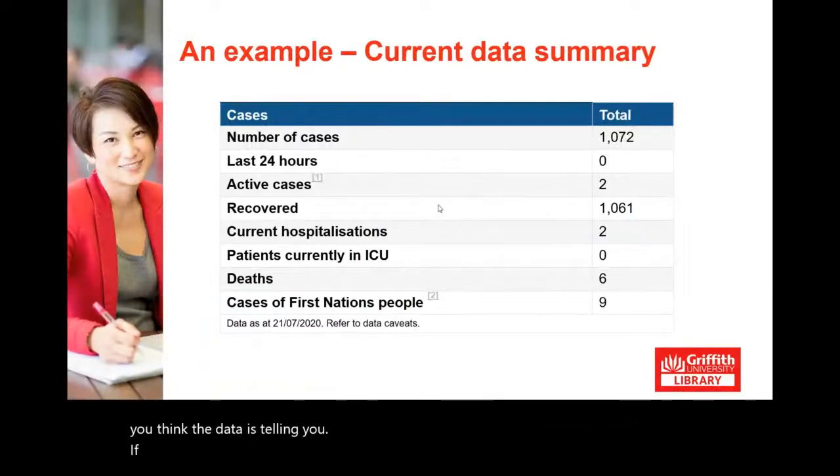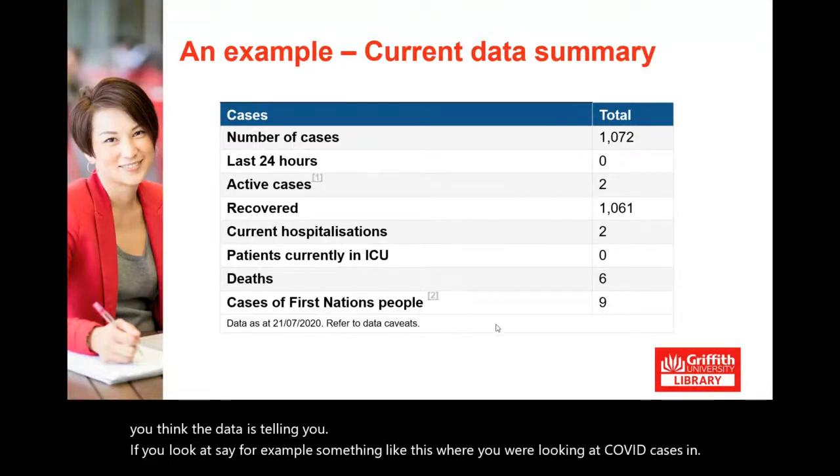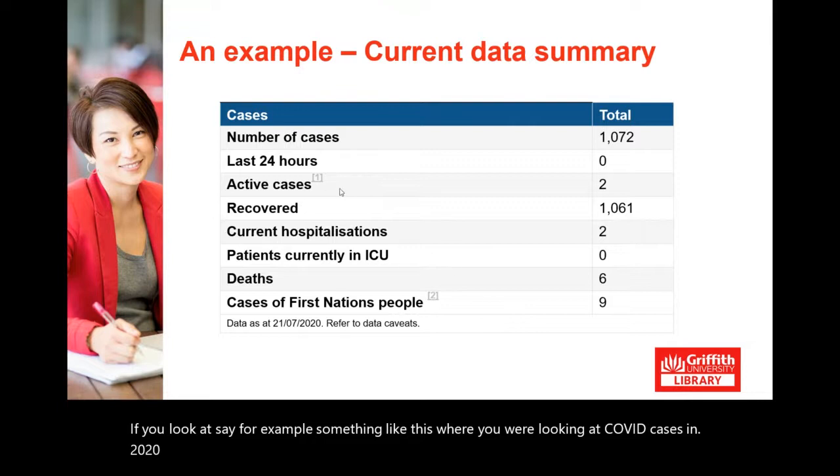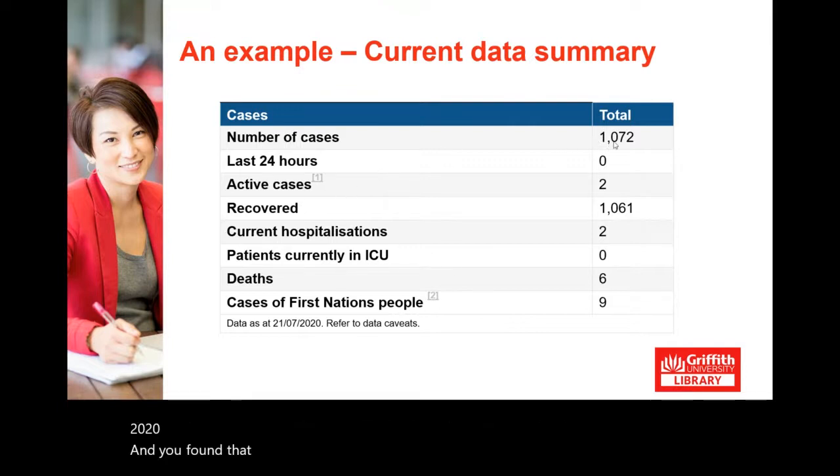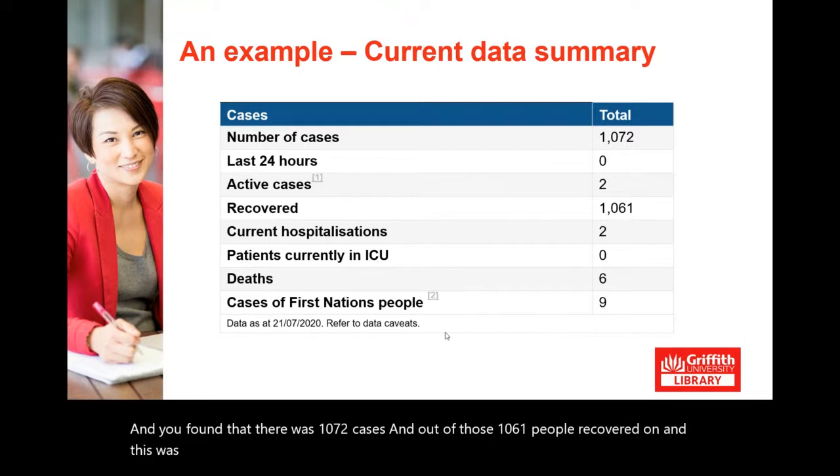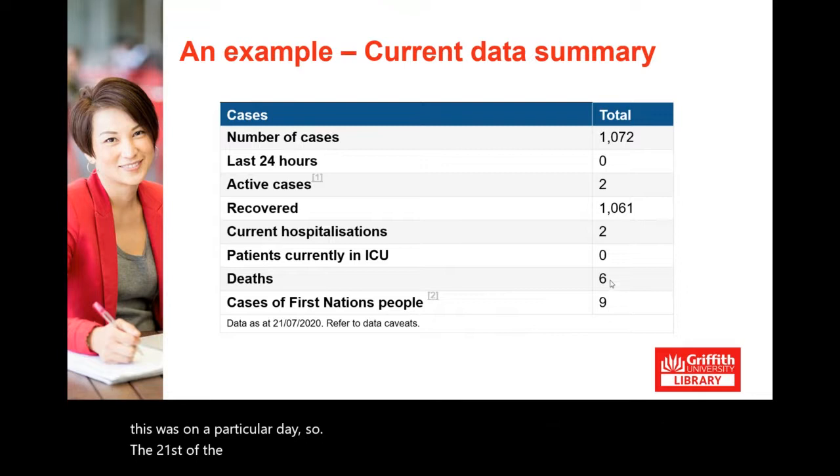If you look at, say, for example, something like this, where you were looking at COVID cases in 2020, and you found that there were 1,072 cases, and out of those, 1,061 people recovered, and this was on a particular day, so the 21st of the 7th, and then you had 6 deaths and so forth.